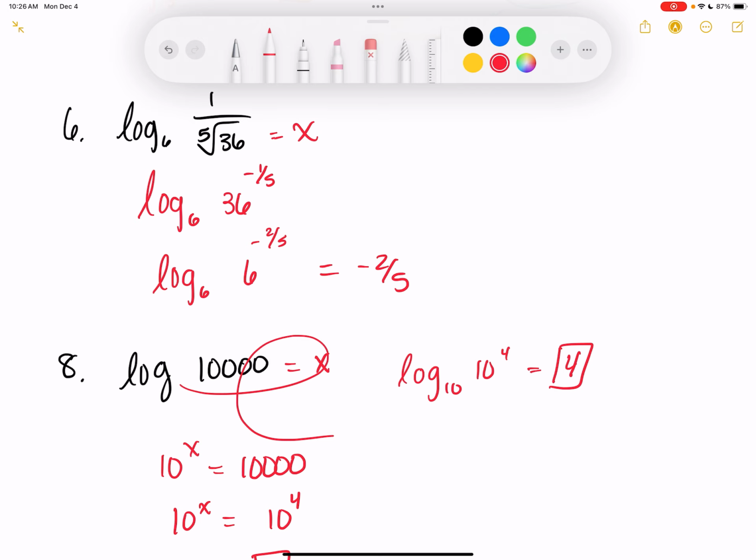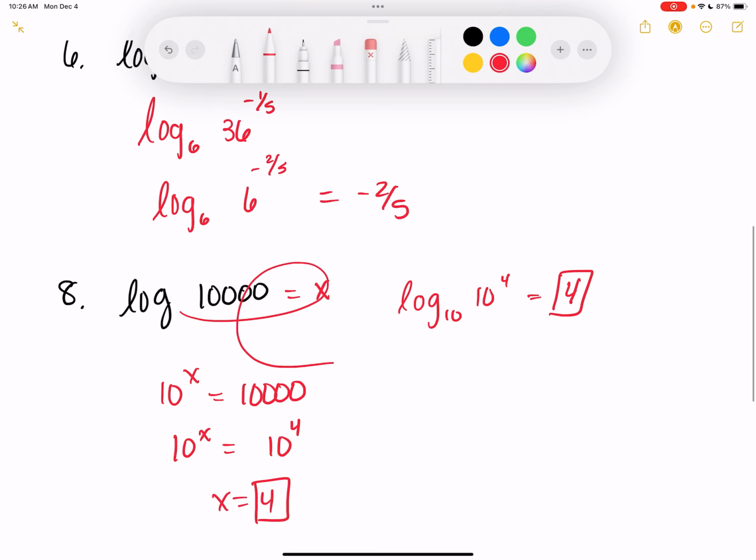But because this was up here, it was almost easier to write it this way. It's just your preference. If you really like the base and the number being the same, so that it equals the power, use that method. It doesn't matter. Eventually you would get there even if you didn't know that 10,000 was 10 to the 4th, as long as we get the right answer.